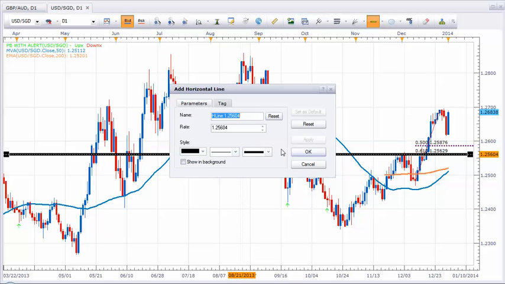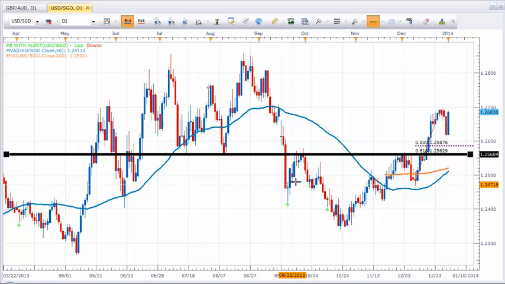I would really want to see a pullback to support, that's really the preferred indicator I'd like to see. So if there's multiple Fibonacci levels that coincide with one support level, I'm going to give credence to the support level. Fibonacci is a secondary indicator. I try to signal that with thinner lines that are dotted, whereas a thick black line goes for horizontal support. So that's what we see on dollar Singapore. Nothing really yet.